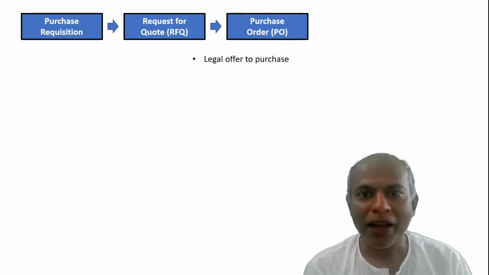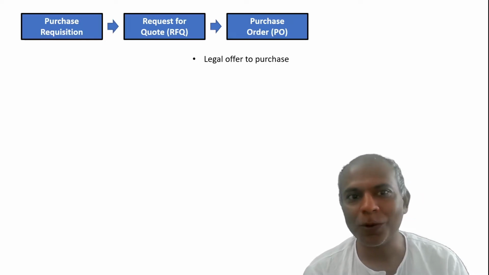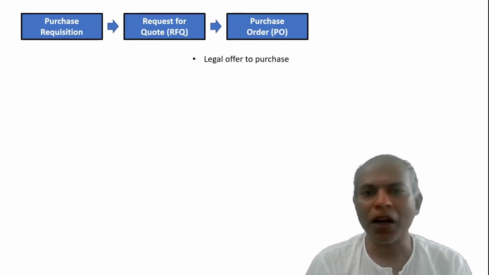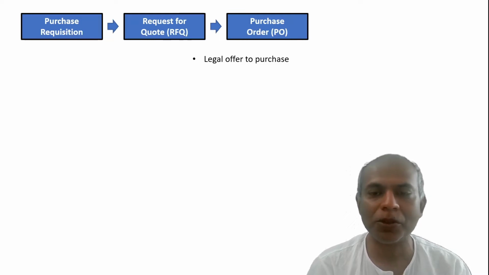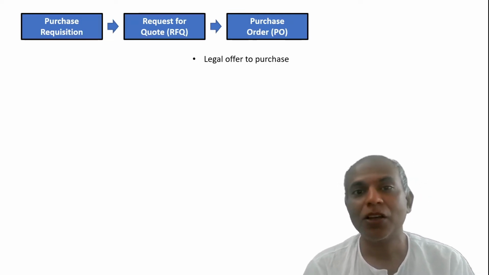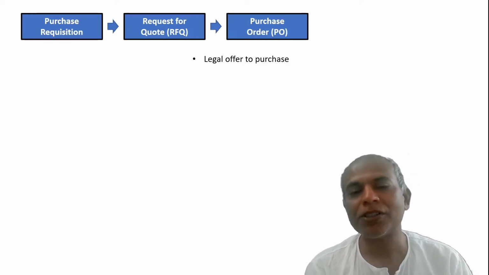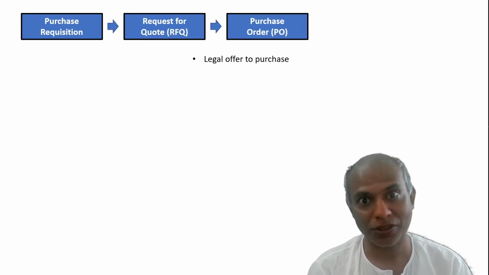So as a buyer, it's not a straightforward and easy step to convert bids received, compare, and create a PO. It's multiple steps. It's a very detailed process that the purchasing professionals should involve themselves in. But whichever way, a purchase order, once generated, is actually a legal offer to purchase.